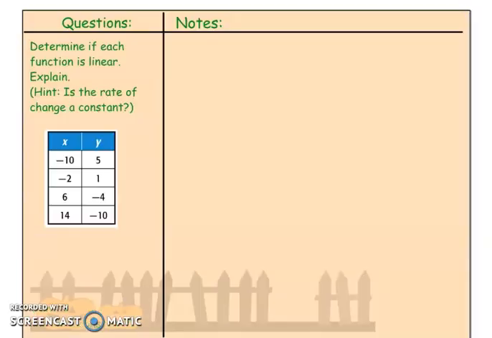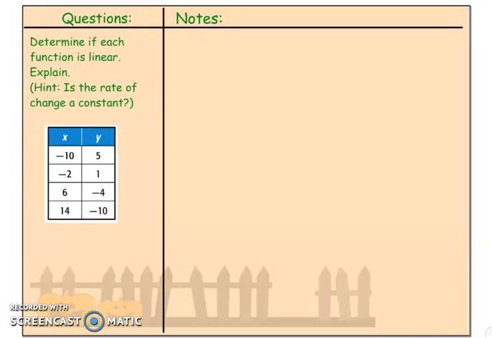Okay, our next one, this one you might find to be a little bit harder to figure out. So looking at these values, it went from 5 to 1, so it's going down 4. Then it went from 1 to -4, that's down 5. And -4 to -10 is down 6.